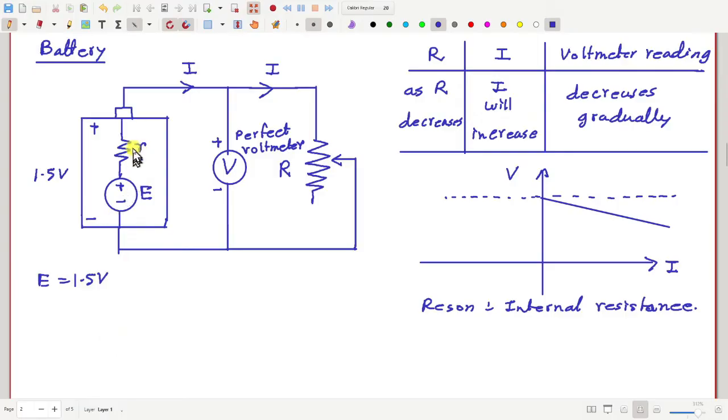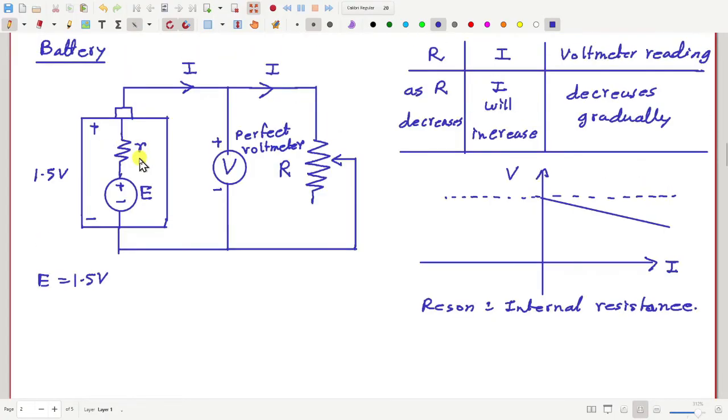Although in this drawing I am showing these resistors separately from the source of EMF, actually they are not separate. The resistance is distributed continuously throughout the battery, throughout the electrodes, electrolyte, etc. But in circuit diagrams we represent it as an ideal battery in series with a separate internal resistance.